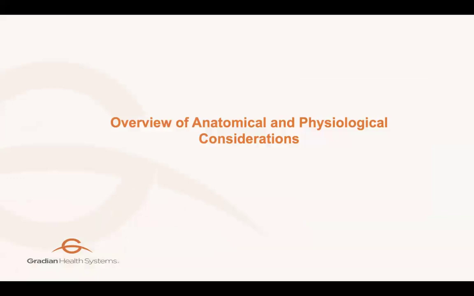So this is a very, very important presentation. It's important in that anesthesia of pediatric patients is very special, if I would put it that way, because the pediatric population is a very special population.